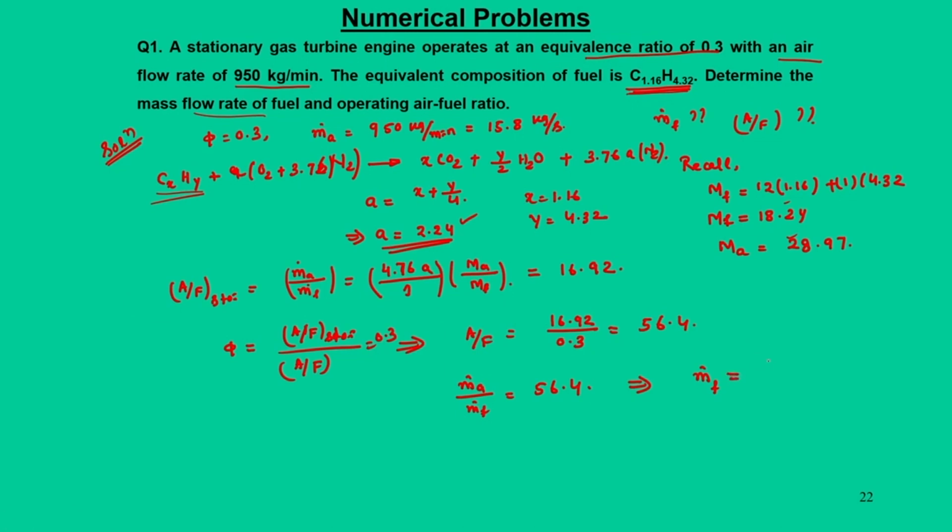So m dot F would be 15.8 divided by 56.4, which is 0.28 kg per second. So this system requires 0.28 kg per second of fuel, while the air quantity is 15.8 kg per second.